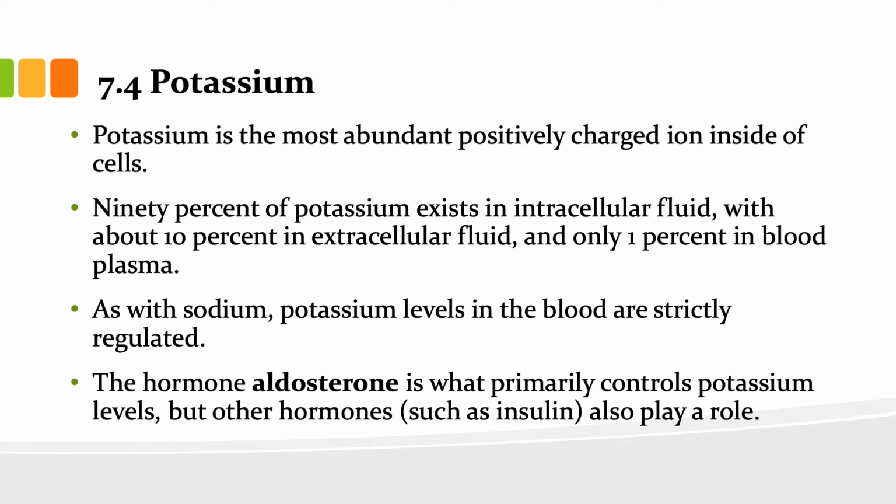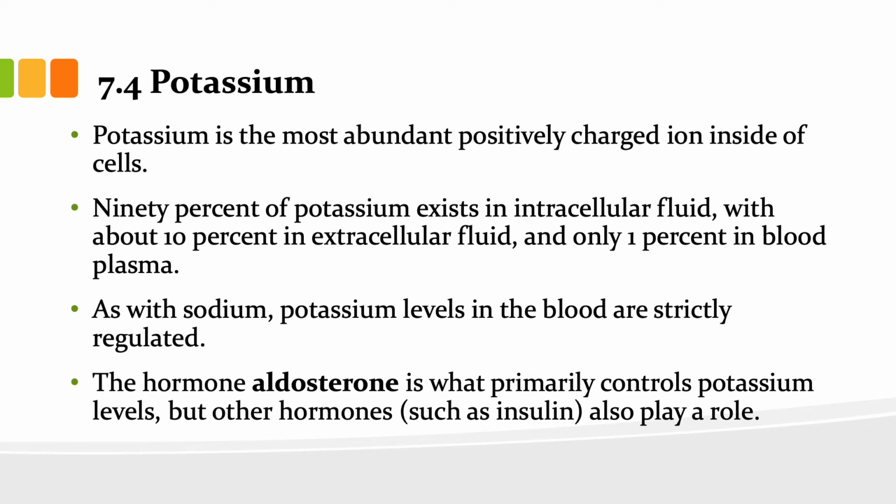Potassium is the most abundant positively charged ion inside of a cell. 90% of potassium exists in intracellular fluid, with about 10% in extracellular fluid and only 1% in blood plasma. As with sodium, potassium levels in the blood are strictly regulated.